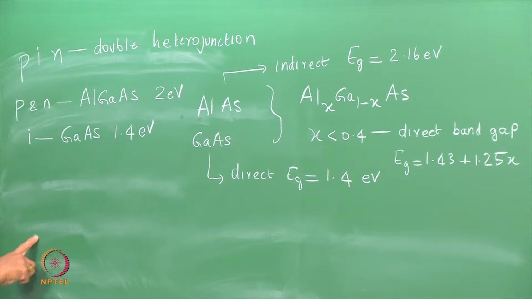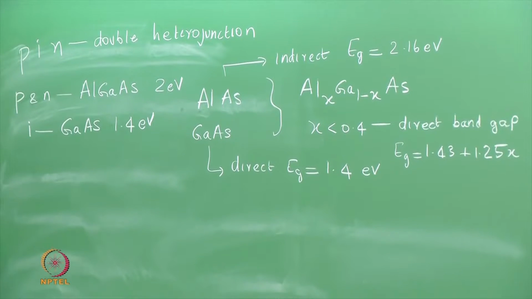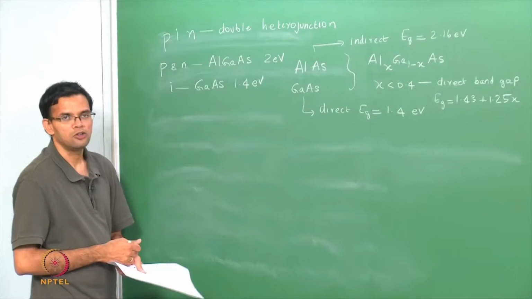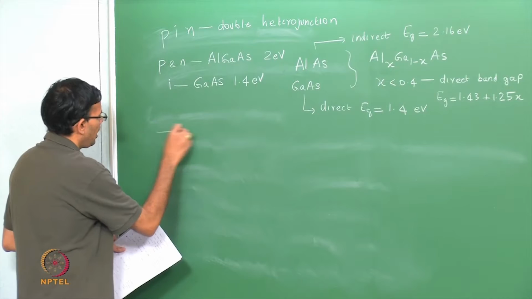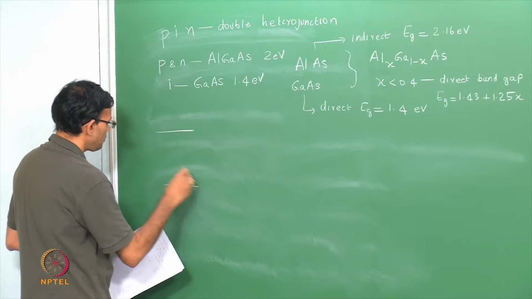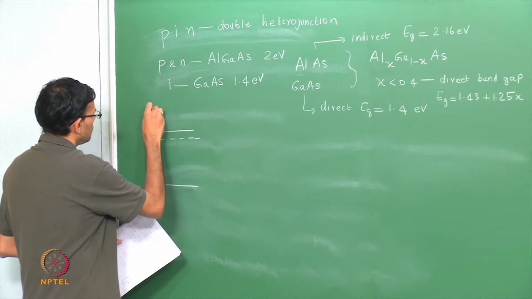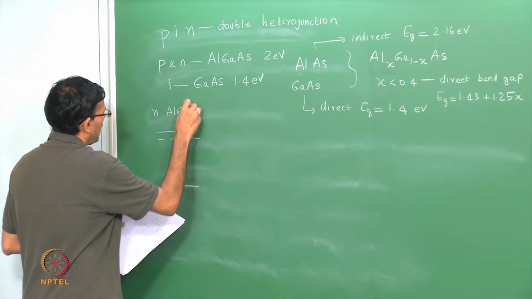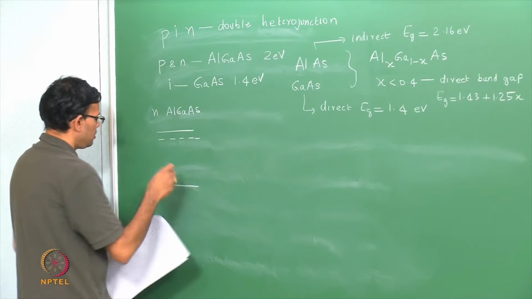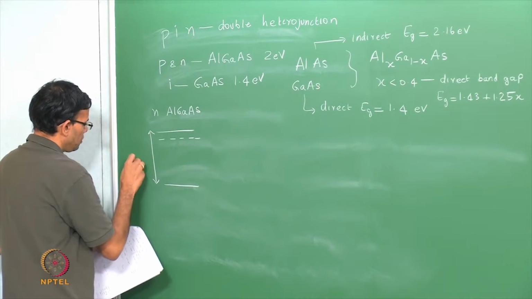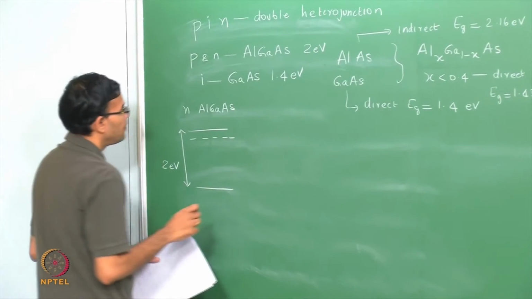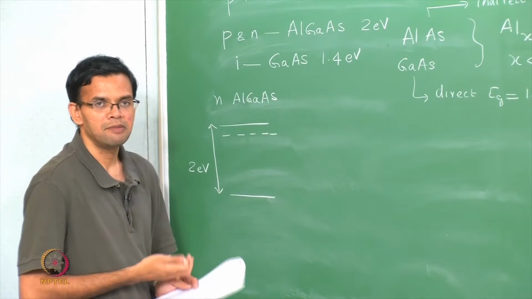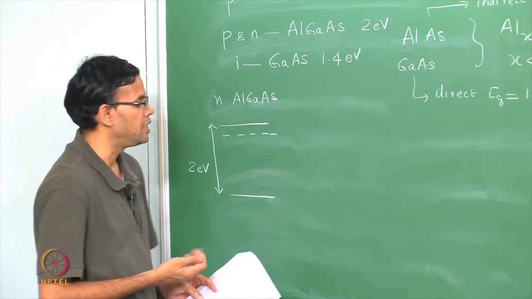So, let me first draw the energy band gap of these materials when they are far apart, and then when they come together in order to form the junction. So, I have my N type AlGaAs. So, this band gap is 2 electron volts. We then have intrinsic gallium arsenide, can either have an intrinsic material or a very lightly doped material.